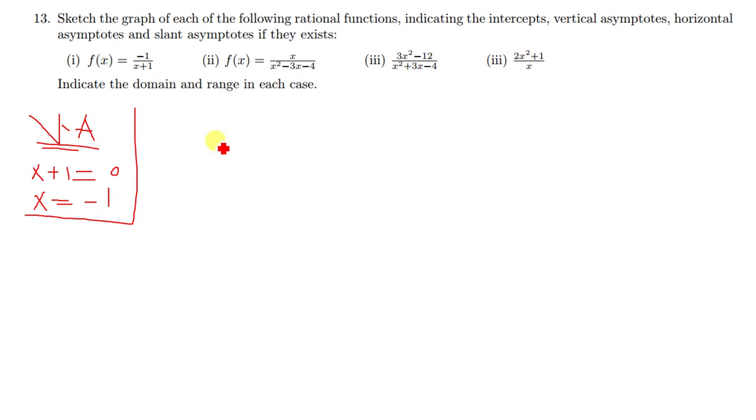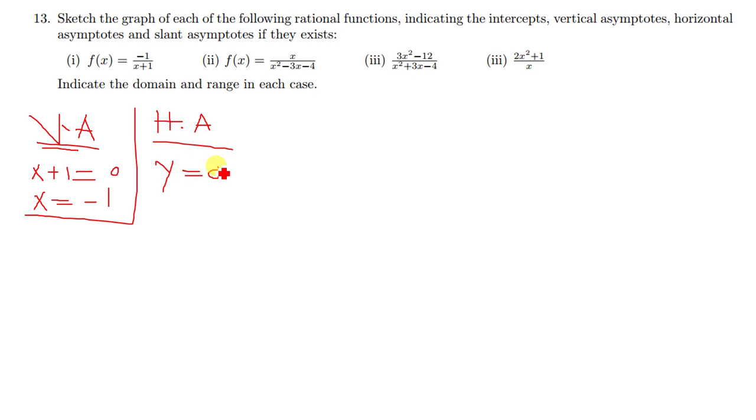And then how do you find the horizontal asymptote? Since we know the power on top is less than the power down there by 1, the horizontal asymptote would just be y is equal to 0. That's what I explained.